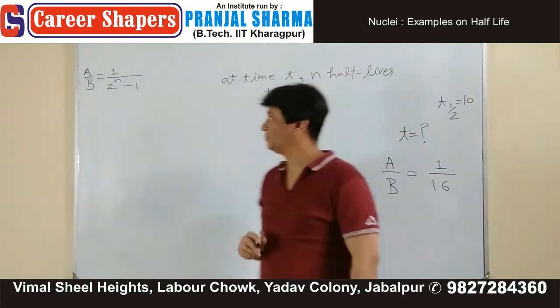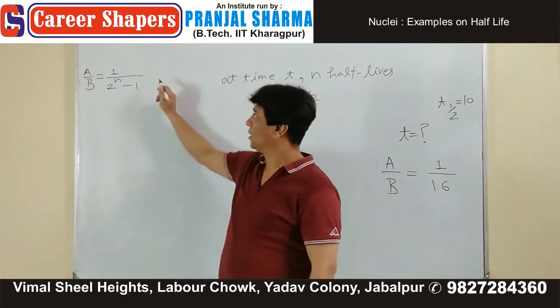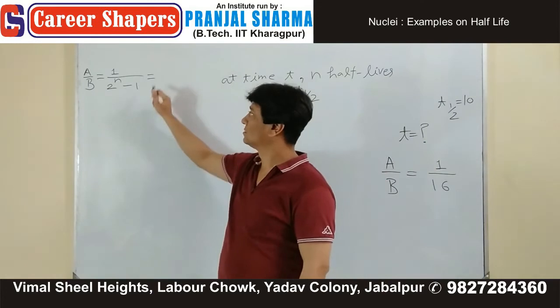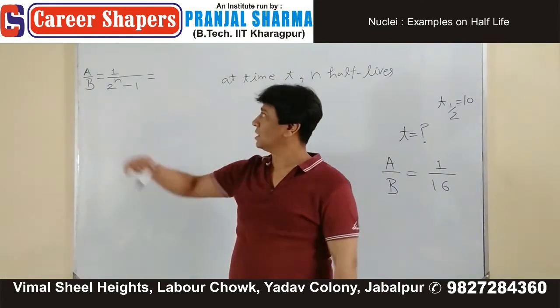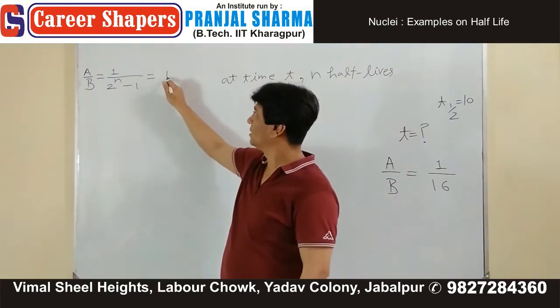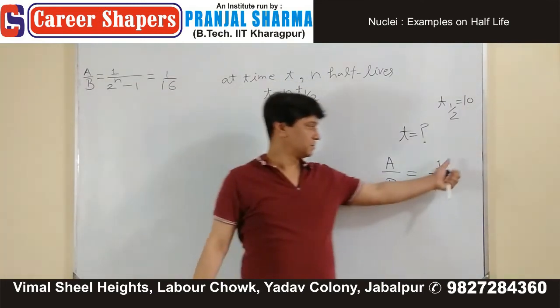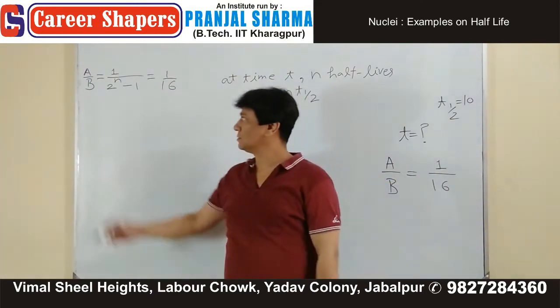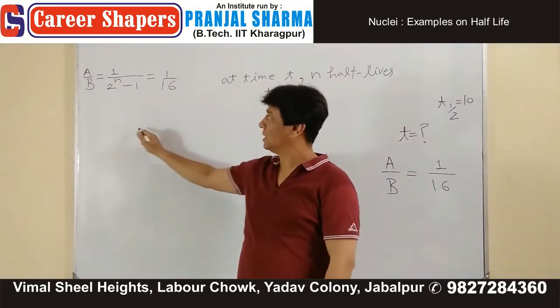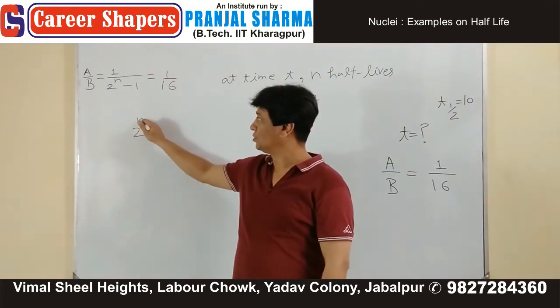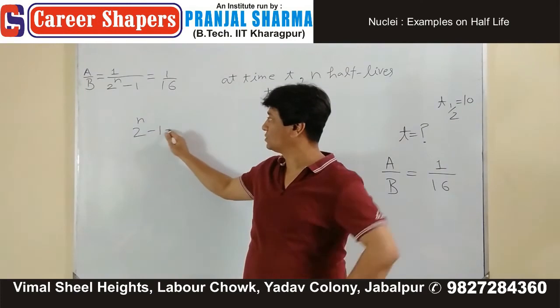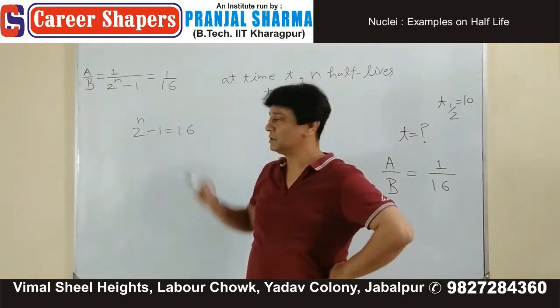Look here. How can you answer something like this? Ratio of A and B, question says, is 1 upon 16. No issue. It only means that 2 to the power n minus 1 is 16.